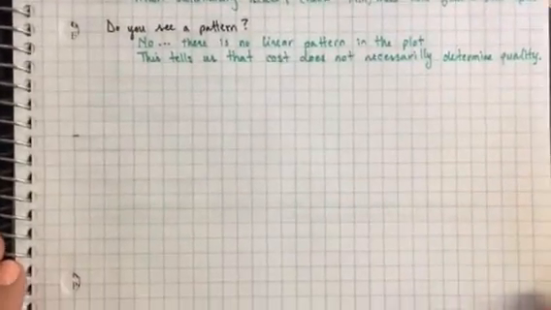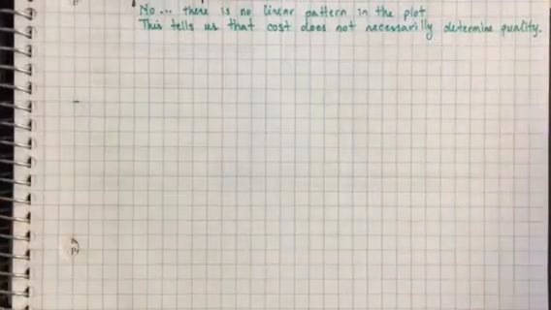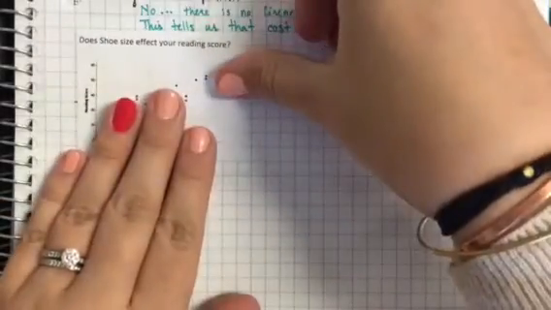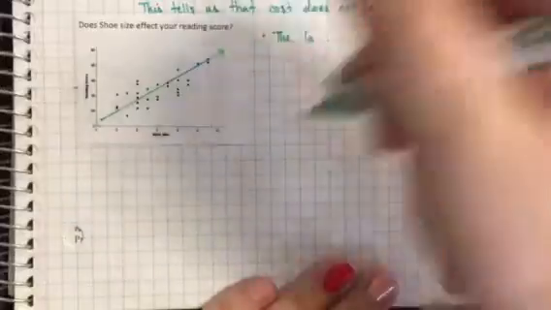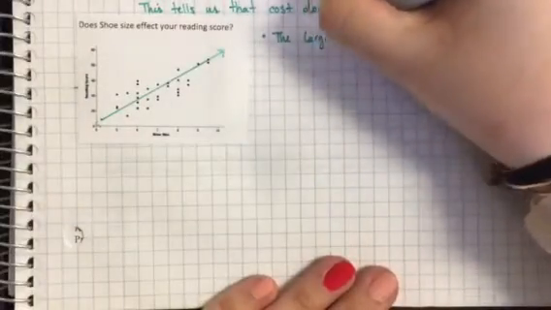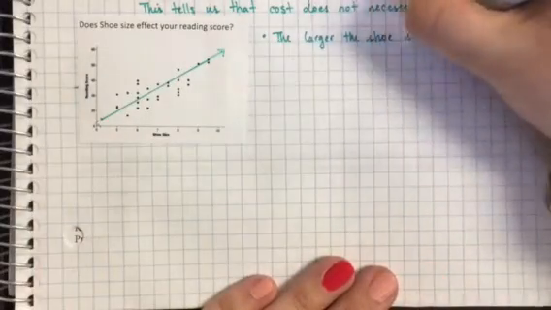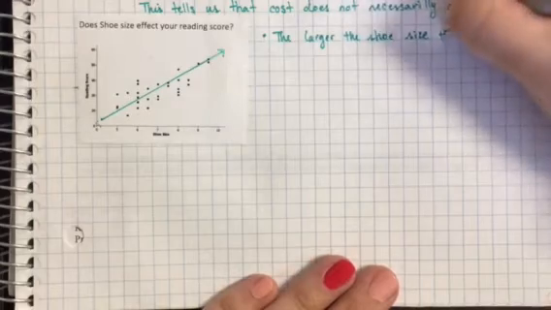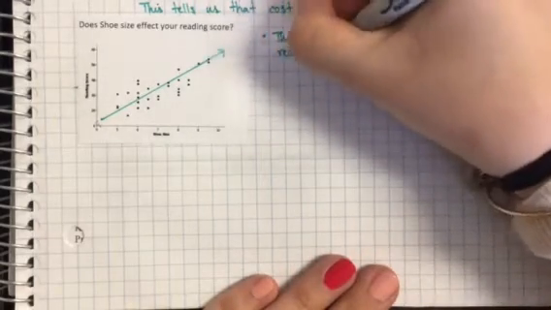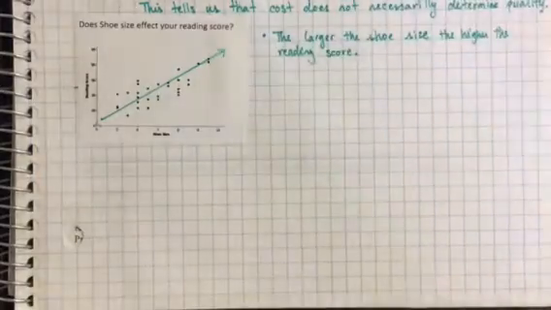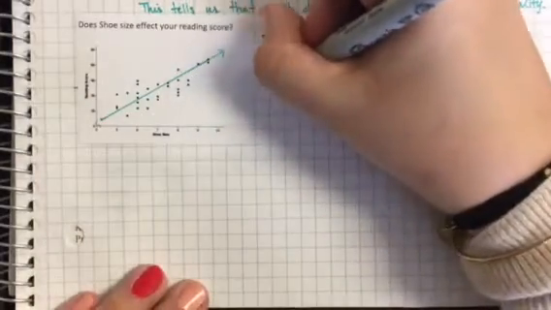Another example we're going to look at has to do with shoe size and reading score. And here's my graph. It says, does shoe size affect your reading score? Now, when I look at the graph and I draw myself a regression line, or a line that fits that data, it seems like the larger the shoe size, the higher your reading score.